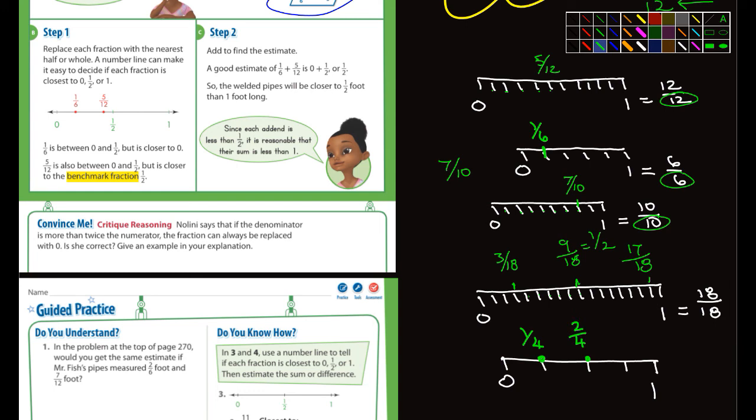Because I've counted what? 1, 2. Show me 3/4. 3/4 would be right here. How many did I count over? 1, 2, 3. Okay. And then 4/4 is right here. There's 4/4, which is equivalent to 1.